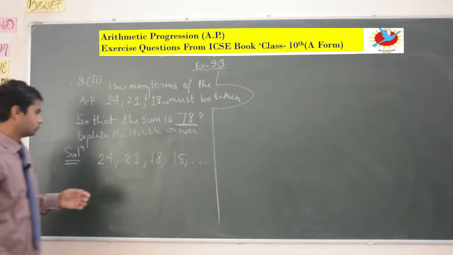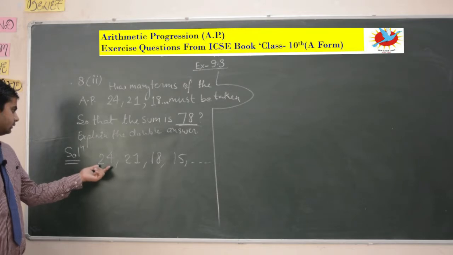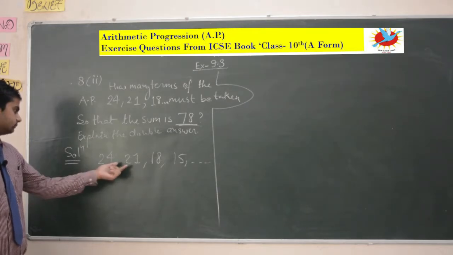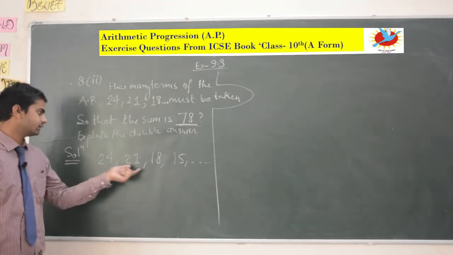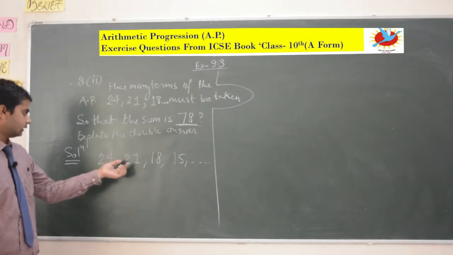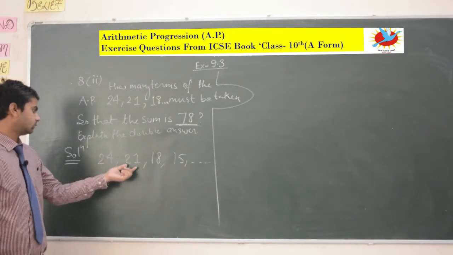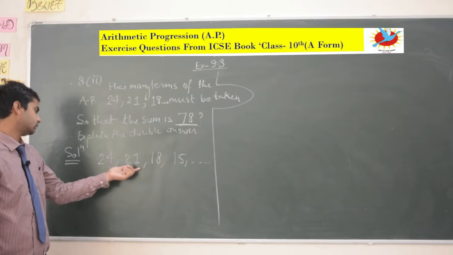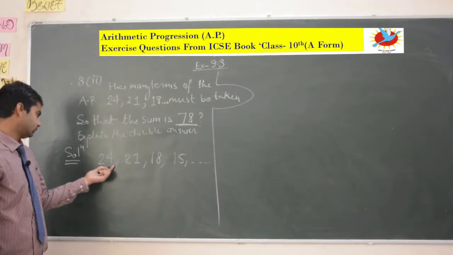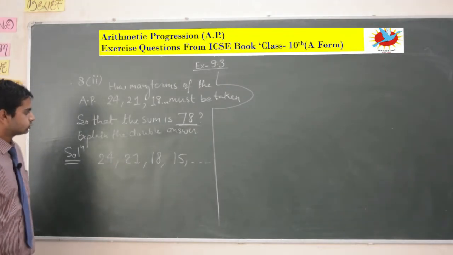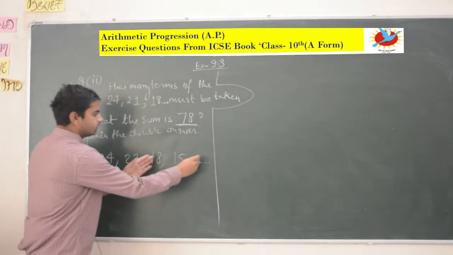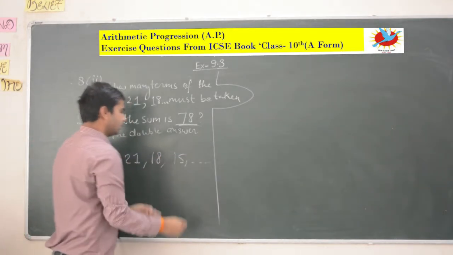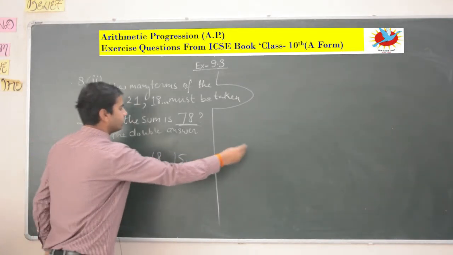One thing that is clear here is that these terms are decreasing, this is a decreasing AP, where the next term is lesser than the preceding term. So we can assume that after a certain position, the numbers will become negative.